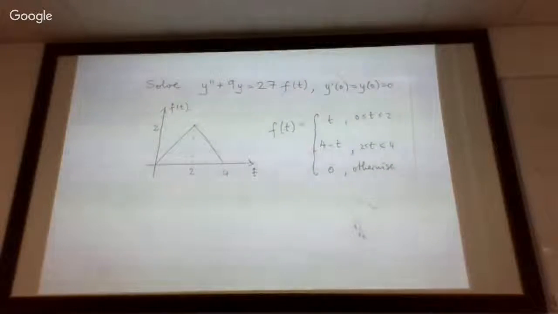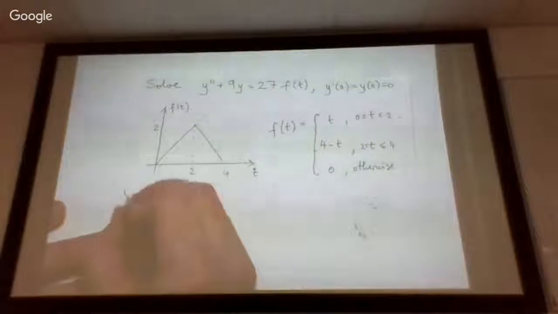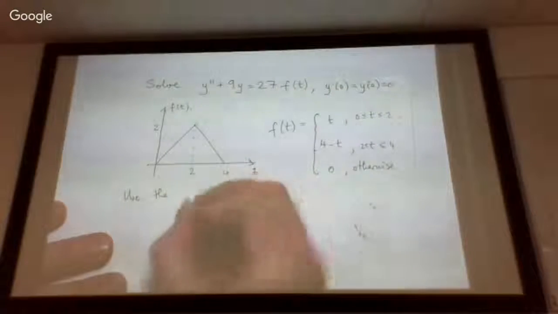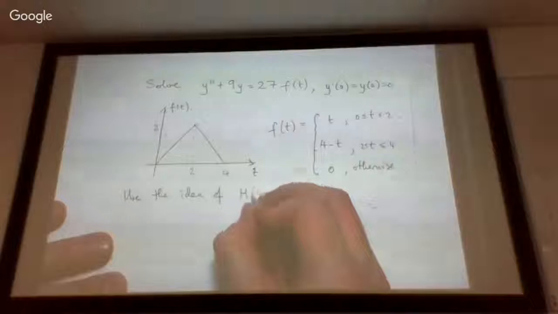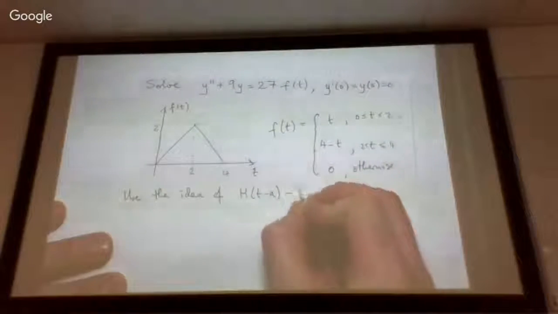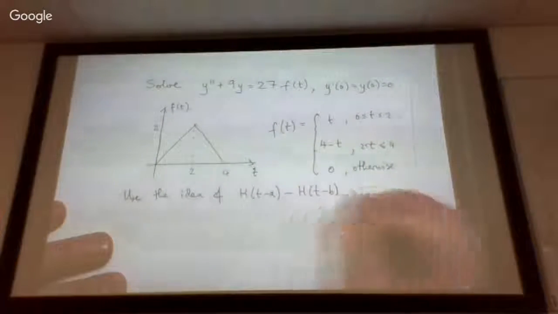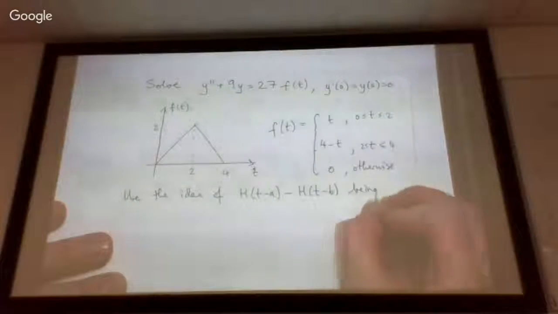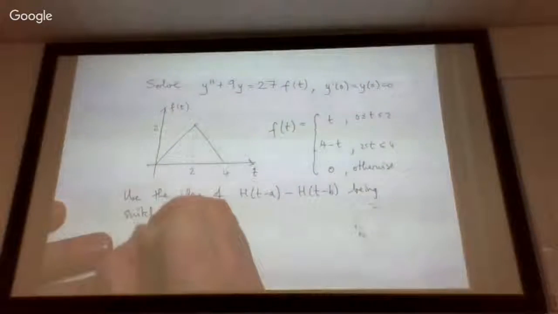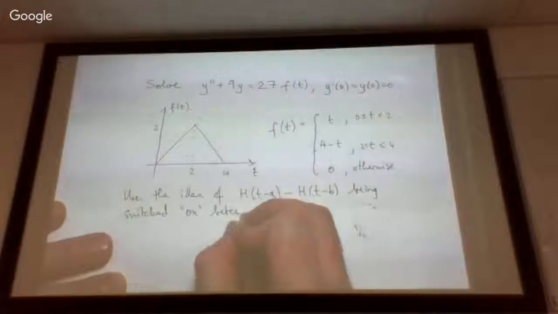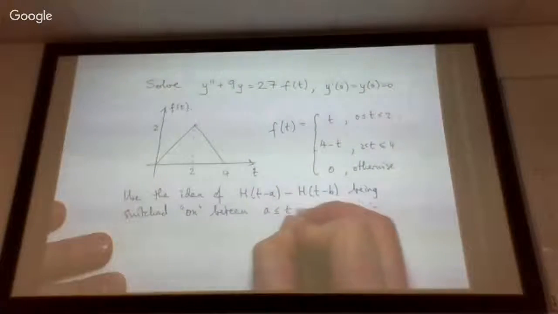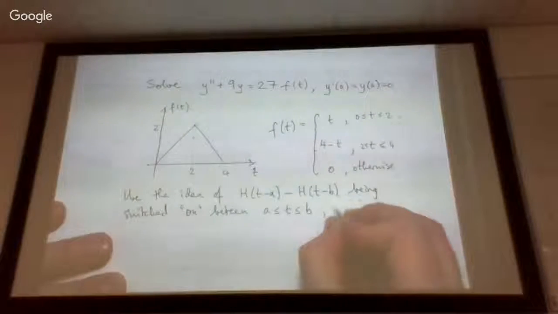Okay, so what we're going to use here is the idea of a difference of Heavisides, h of t minus a minus h of t minus b, being switched on between a and b, and switched off otherwise.